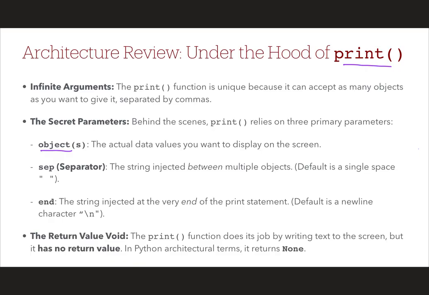You can provide several objects. And then additionally, you can provide a certain value for the sep, separator parameter. If you do not provide any value for that parameter, then between any two adjacent objects, the print will add one single space as a separator.